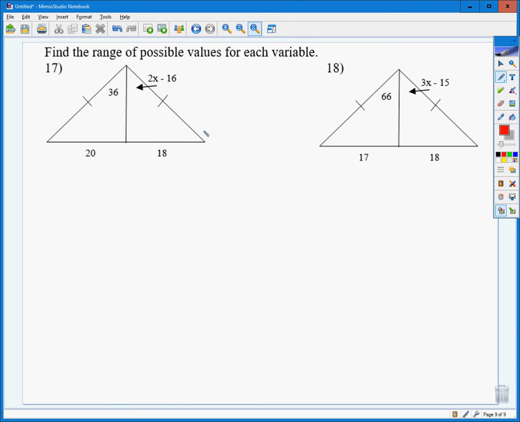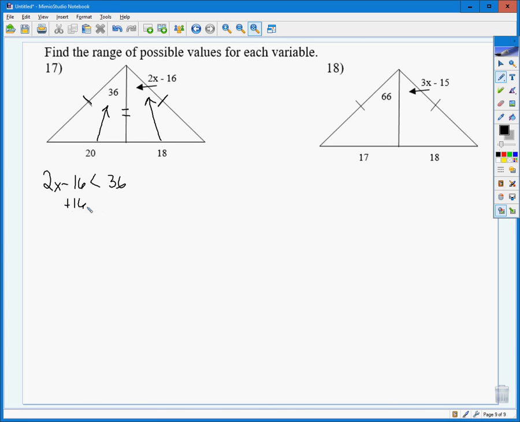The last two problems use the Hinge theorem or its converse. If I take a look, I have one side in each triangle that's congruent, and I have the side that's reflexive. So across from the 20 has to be larger than what's across from the 18. So when I'm comparing 2x minus 16 to 36, I know that it's smaller than the 36.